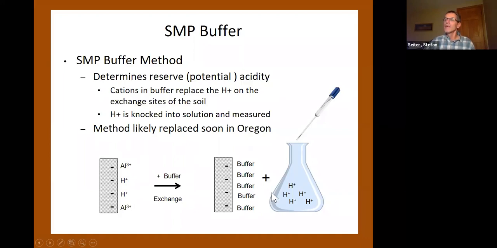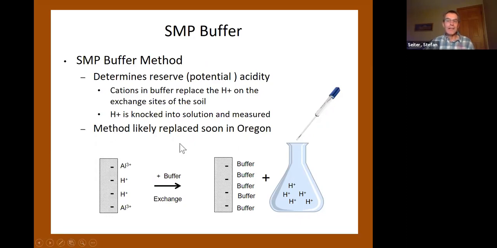Then those hydrogen ions that were on that soil, we capture those. And then we measure how much we have captured with a regular pH probe. Then we know how much was on that soil as reserve acidity. So we knock them off, and then we can measure them with a regular pH measurement. And that's what we call the SMP buffer.